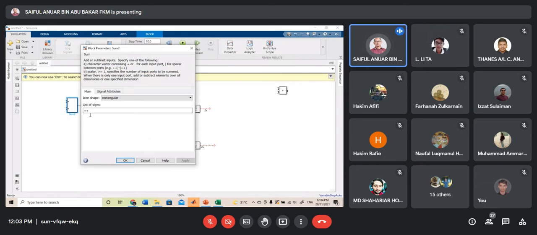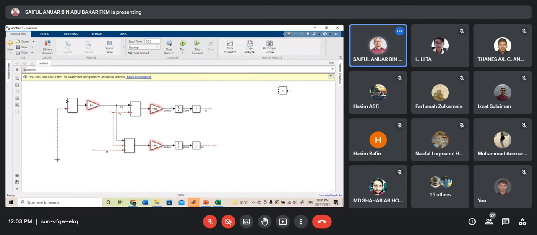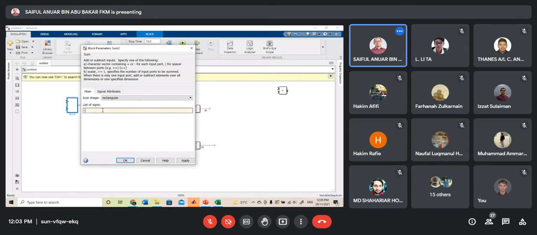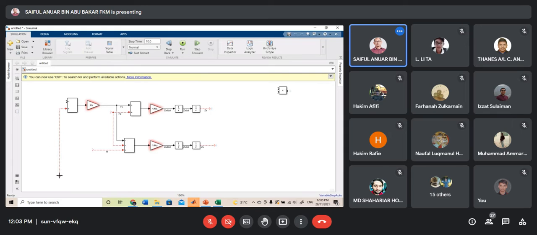You need plus and minus. Plus is the sign for the unsprung mass displacement and negative sign for the sprung mass displacement. So we just need to pull the signals, and do the same thing for the Zu.